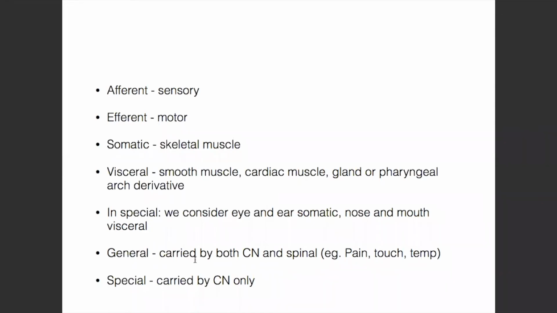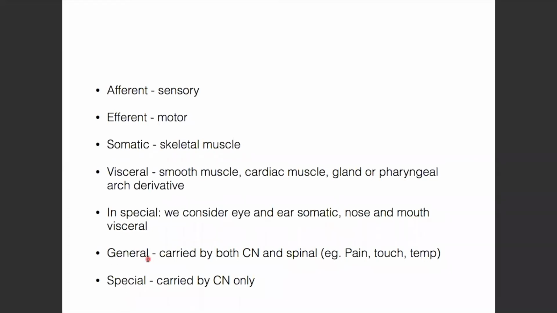Okay. The last thing left is general and special. General and special depend on the type of sensation itself: can the sensation be transmitted by a normal spinal nerve or not? If a sensation can be carried by a spinal nerve, like pain, touch, temperature, we call it general. But when it can't be carried by a normal nerve and must be carried by a cranial nerve, we call it special. Special are things only the cranial nerves can do, whereas general can be done by any nerve in the body.